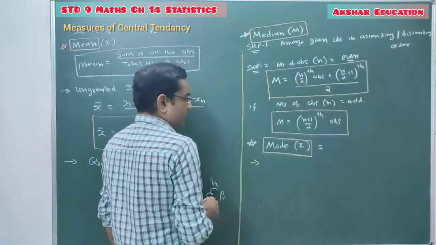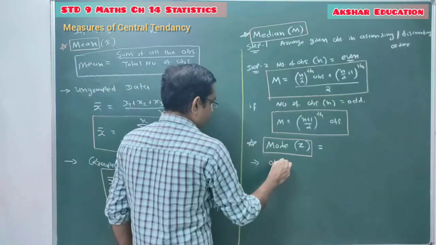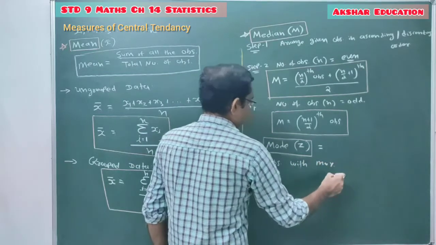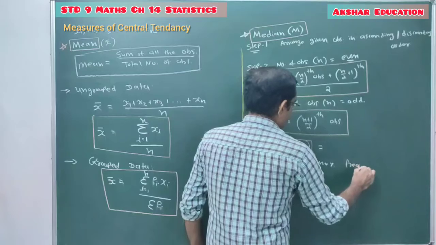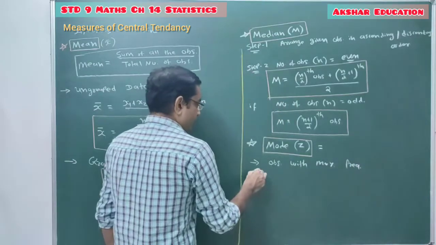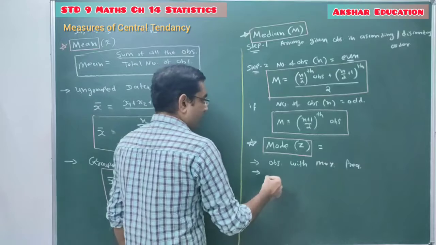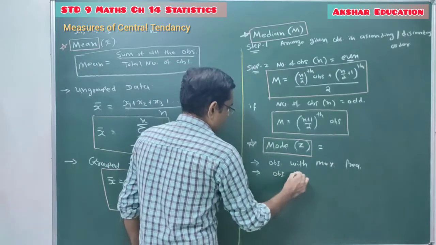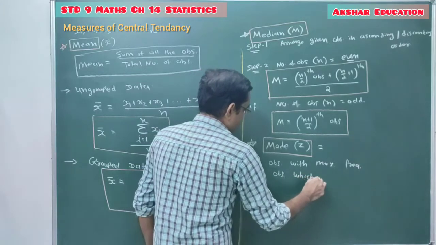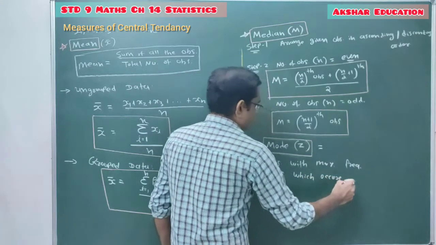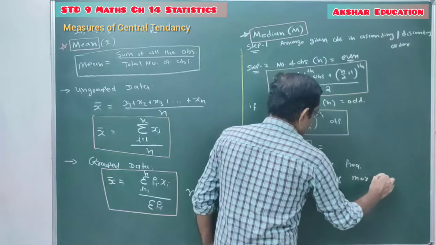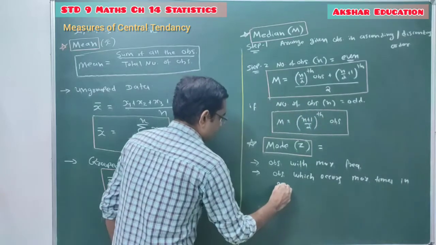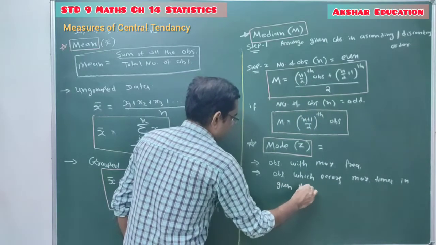Mode of the given observation is nothing but the observation with maximum frequency. Observation with maximum frequency means the observation which occurs maximum times in the given data.